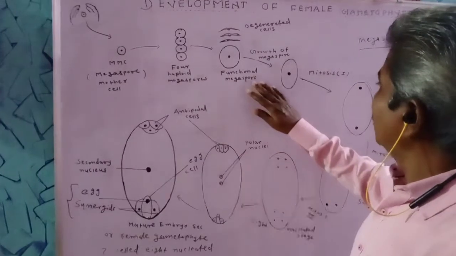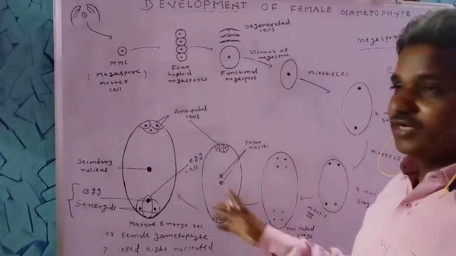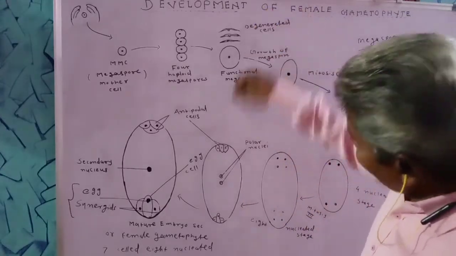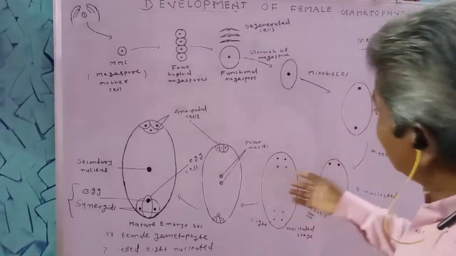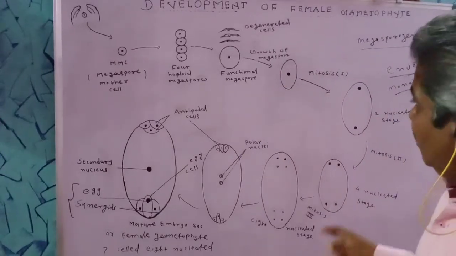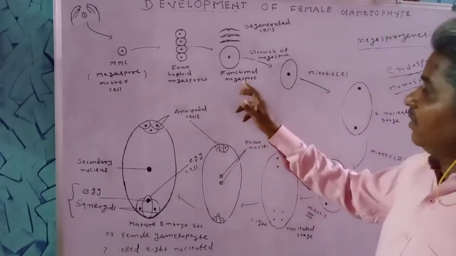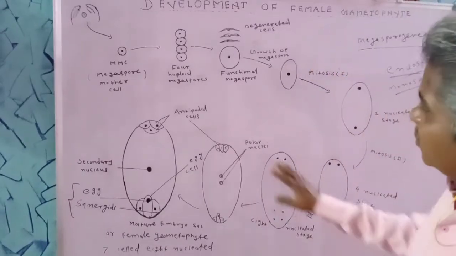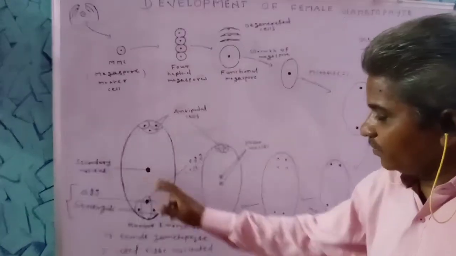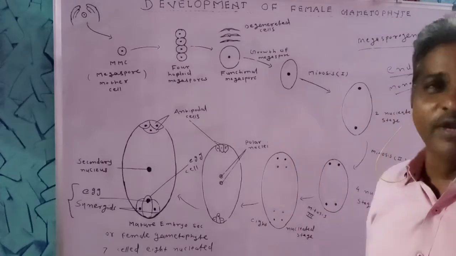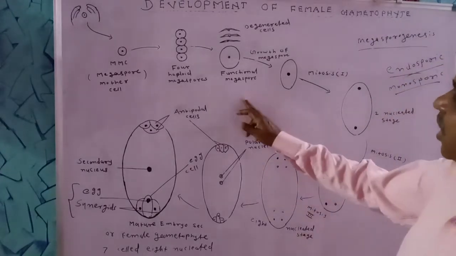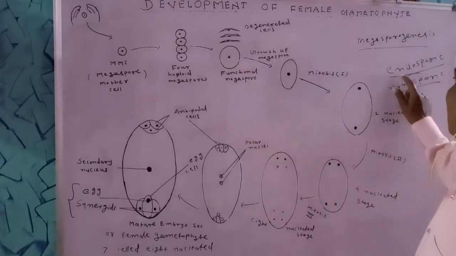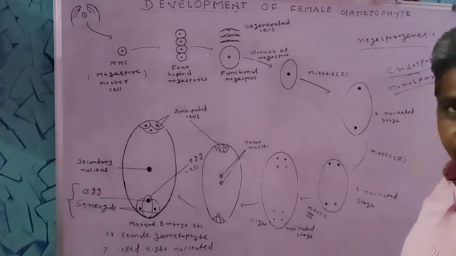All these events occur within the megaspore, and such development of the female gametophyte, which involves a single functional megaspore, meaning the 7-celled, 8-nucleated female gametophyte results from this single functional megaspore, is called monosporic.